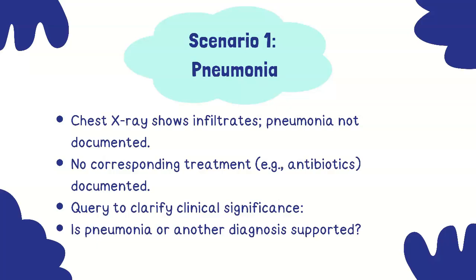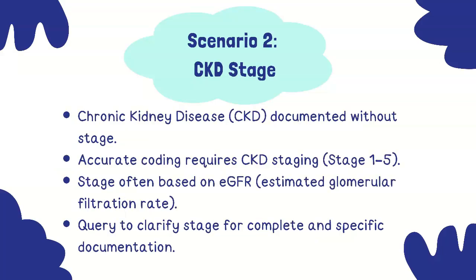Not just say, "Oh, the only thing I saw was the X-ray had infiltrates." There should be some other clinical indicators, which is why I went over those. Okay. So, clarifying this ensures accurate coding and complete clinical documentation.